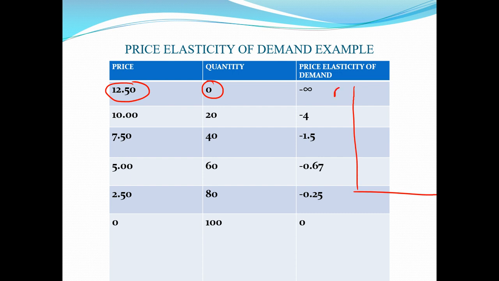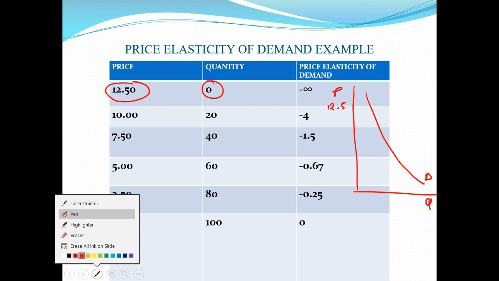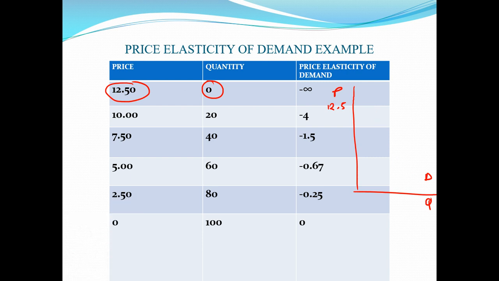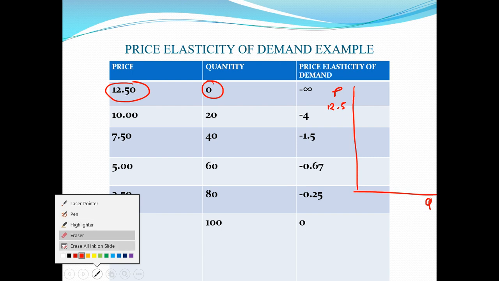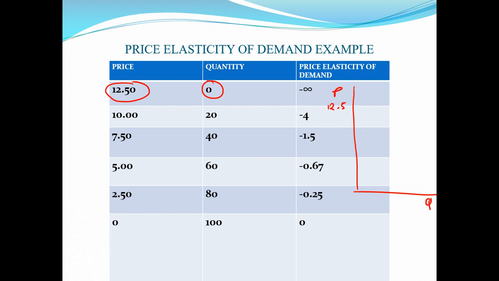We've got price P, there we've got quantity, and then we have this negatively sloped demand curve. So when the price is 12 kwacha 50, people are not buying anything, it's 0.